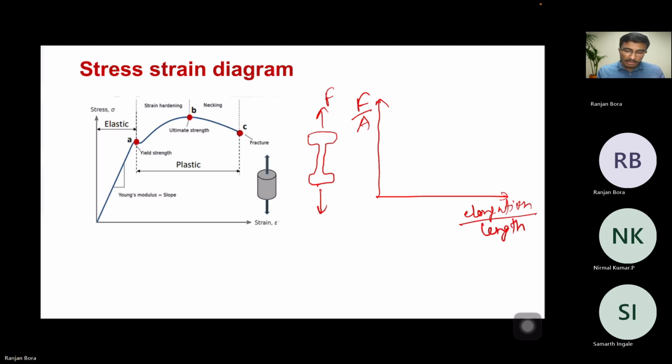So when you do the experiment, there is one region which is called the elastic region. In this, force will be linearly proportional to the elongation. This is coming from Hooke's law, which says stress is directly proportional to strain.